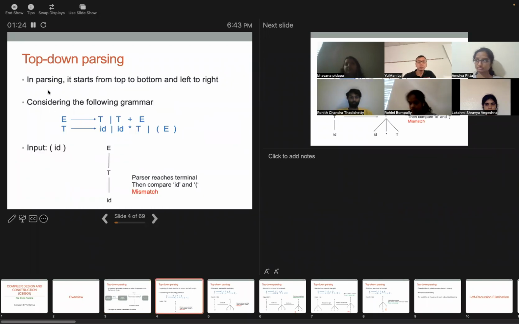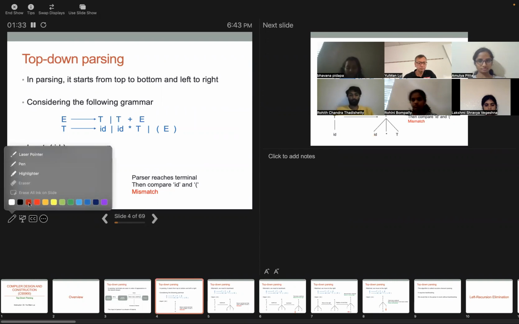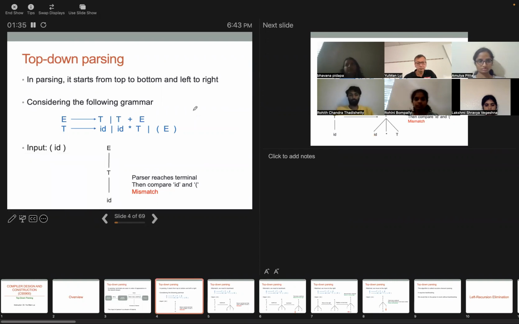All right, so now let's consider this grammar. We start from E. E can go to T or T plus E. And T can go to ID, or ID times T, or left parenthesis E right parenthesis.